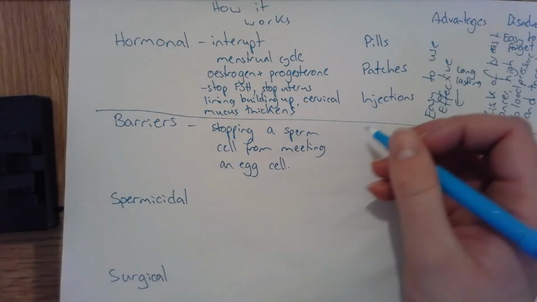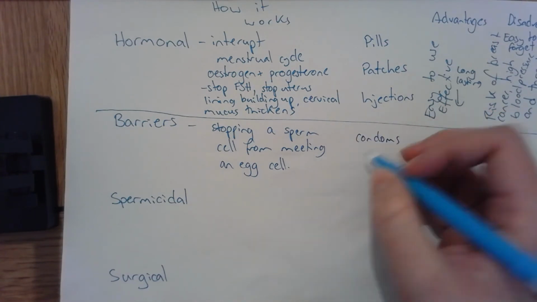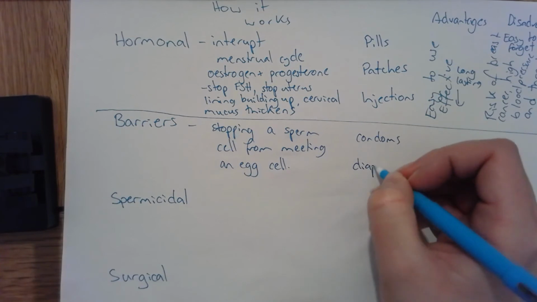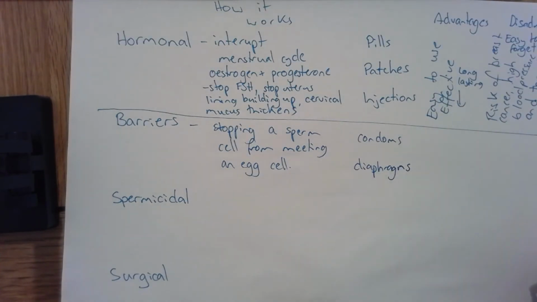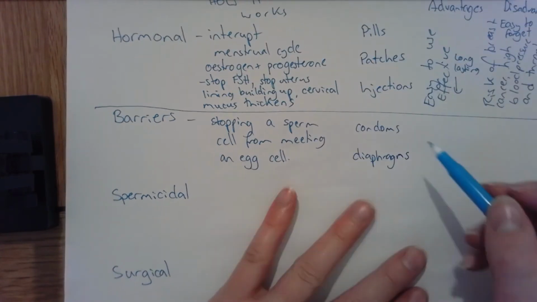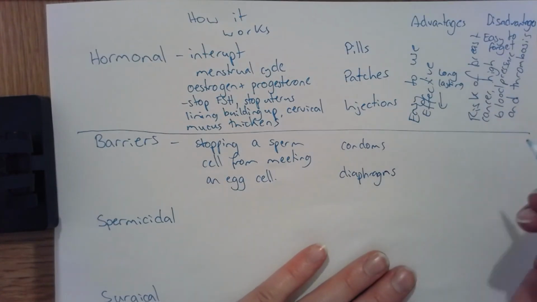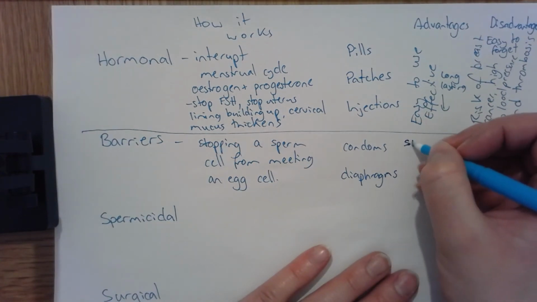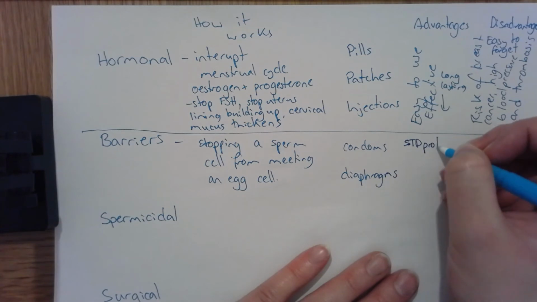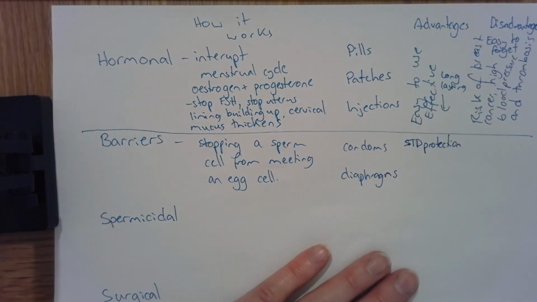Two main methods that we're going to look at are condoms and diaphragms. The main advantage of a condom is not only does it protect against pregnancy, but it also protects against STDs. In fact, it is the only one that does.